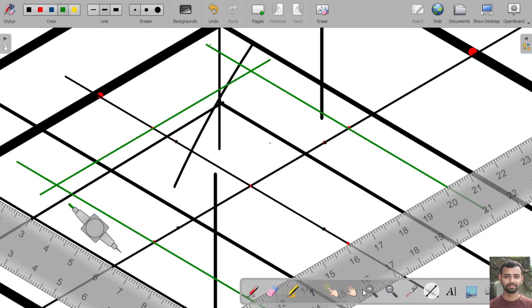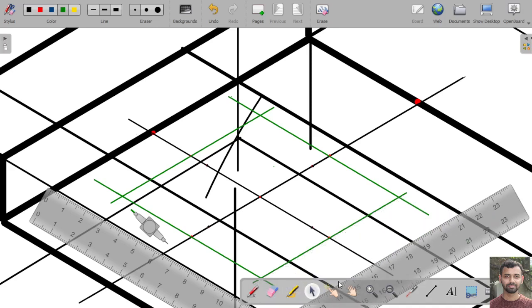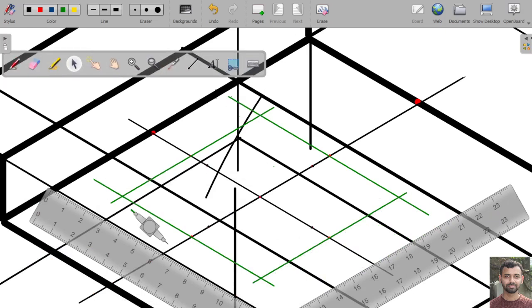And this one. Okay. Now the same method, we have to figure out the corner points. The same method, the method is not different. So we will find out the corner points.